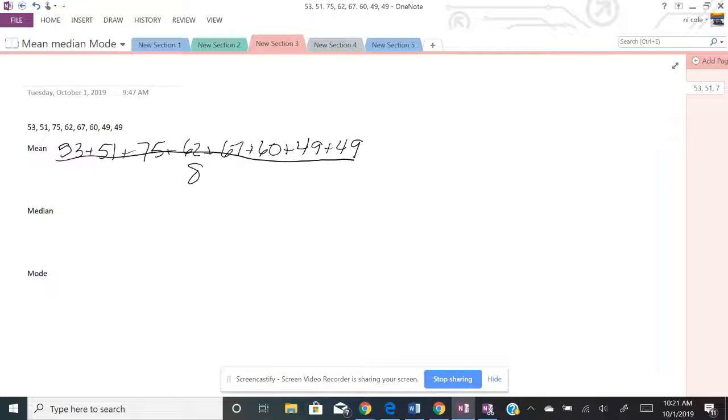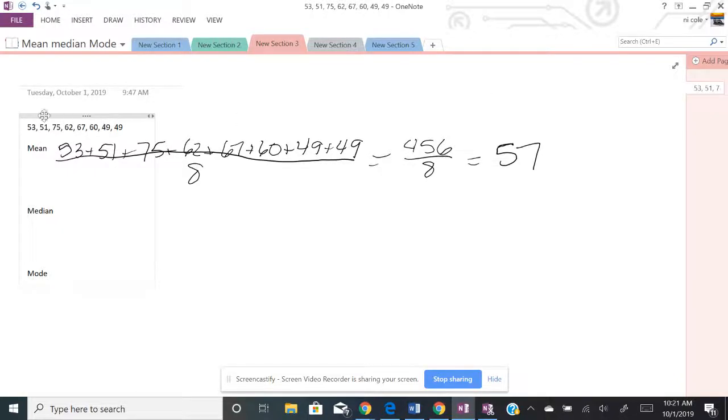So enter that into your calculator. 51 plus 53 plus 75 plus 62 plus 67 plus 60 plus 49 plus 49 gives me 456 divided by 8, which is 57.